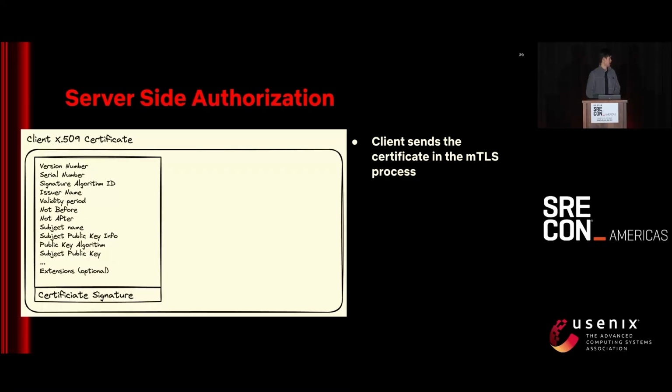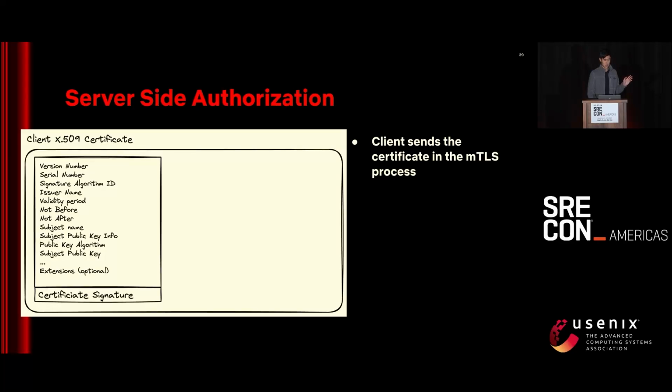So let's look inside the certificate, which is in a very standard X509 format. We can see there's information like validity, who issued this certificate, when it was issued, and also the signature. The key thing to focus on here is the extensions.